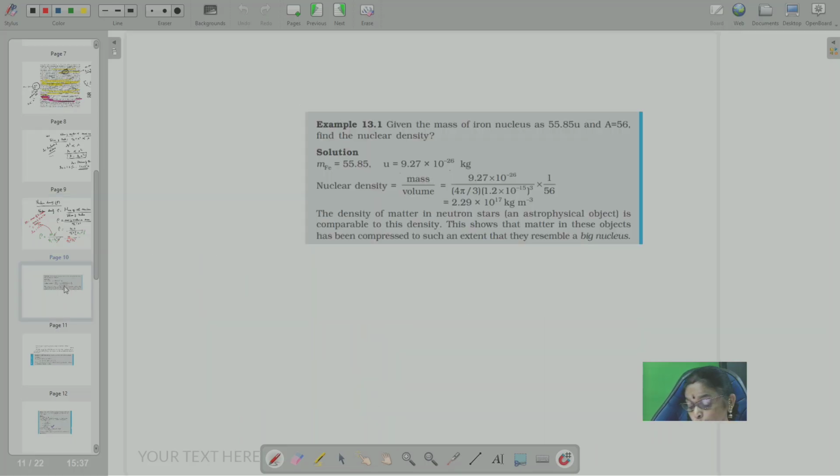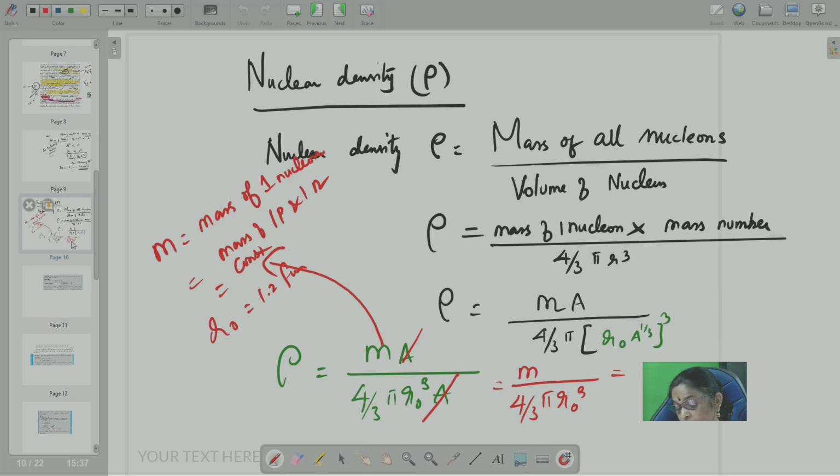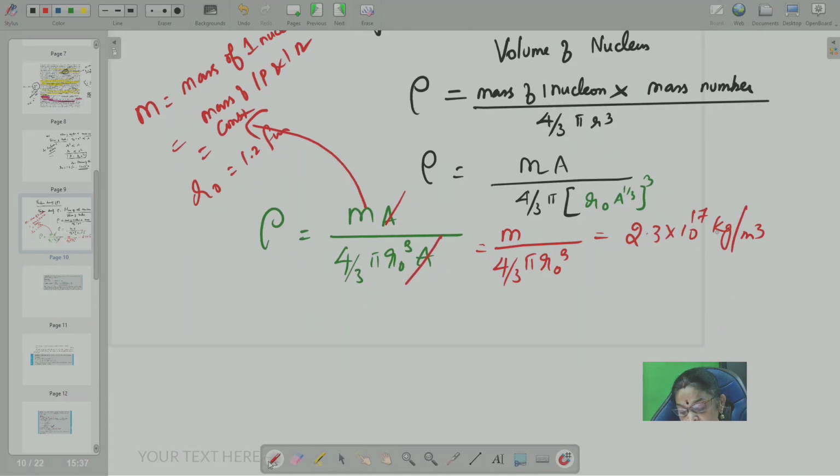What is nuclear density? 2.3 into 10 power 17 kilogram per meter cube. That is nuclear density, children. So thus nuclear density is independent of the mass number. Check here, mass number vanished.